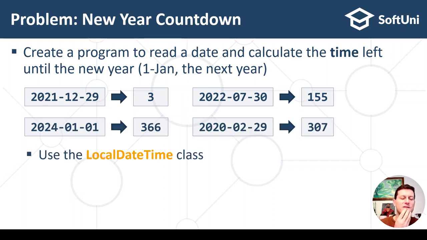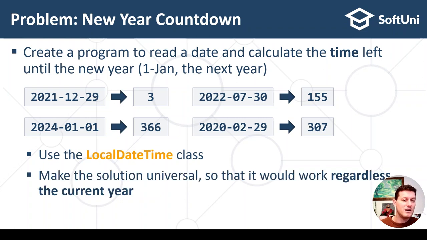And there are some hints to use the LocalDateTime class. I think we can use even LocalDate without time, because the time is not important here. And also we should make our solution universal and not assume that the year is 2022, for example.